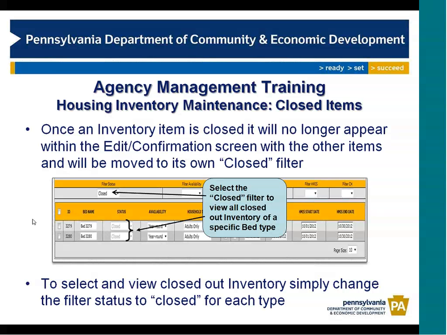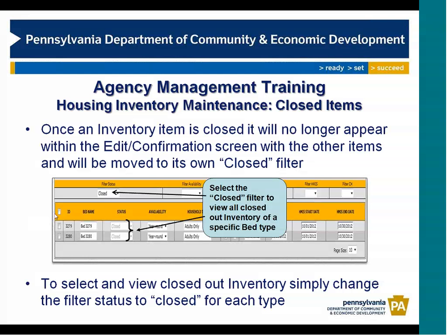Now, a note with closing items. Say you have a bed that you're closing out and replacing with a new bed. Since it tracks things historically, we recommend that, while you can reopen it, unless it's the exact same physical item, the best process is probably to create a brand new one in its place.